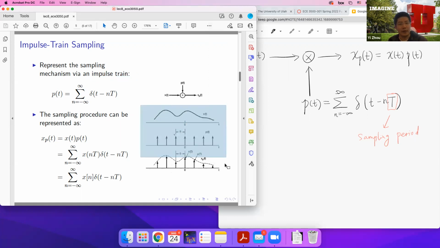This figure illustrates the process. We have this continuous time signal, we have this impulse train signal, and when we multiply them together, we obtain the sample signal. It's still a bunch of impulses, but each impulse is scaled by the corresponding signal magnitude at the corresponding time location.